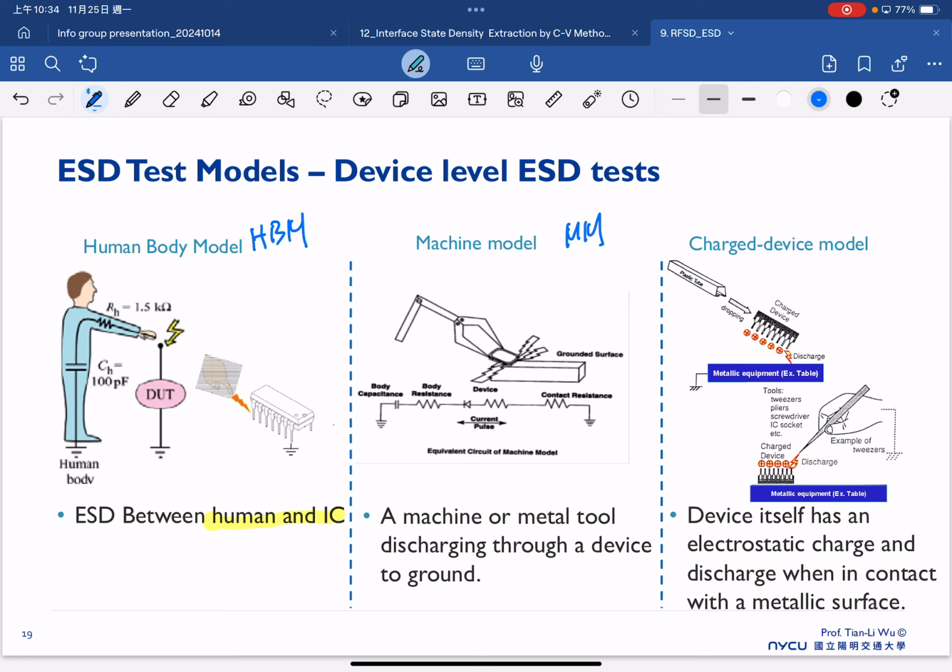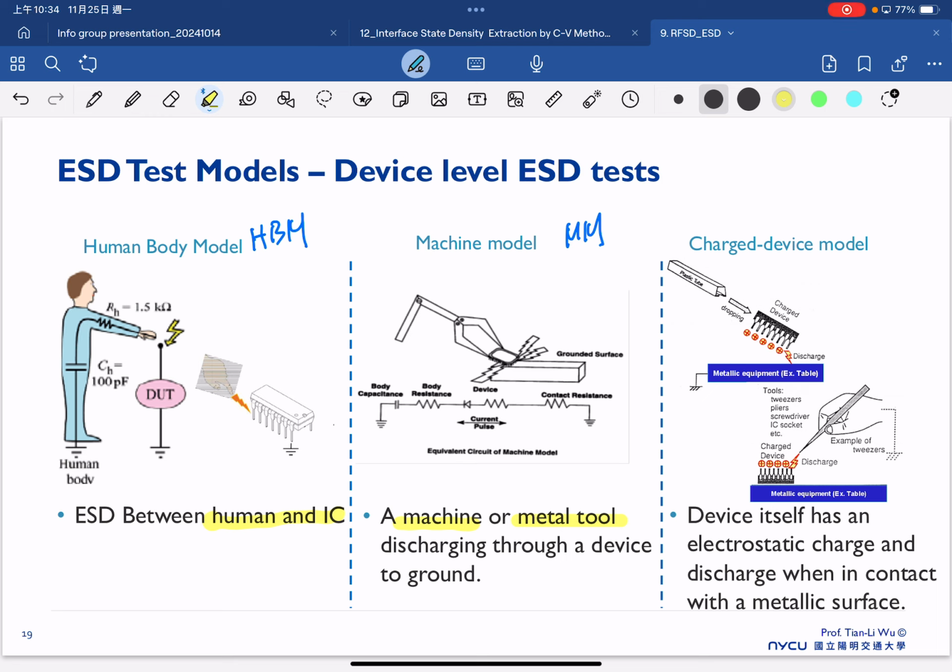So we have to consider that the charge in your machine arm can also be transferred to your IC. That's why we call this the machine model. This considers a machine or metal tool discharging through a device to the ground.